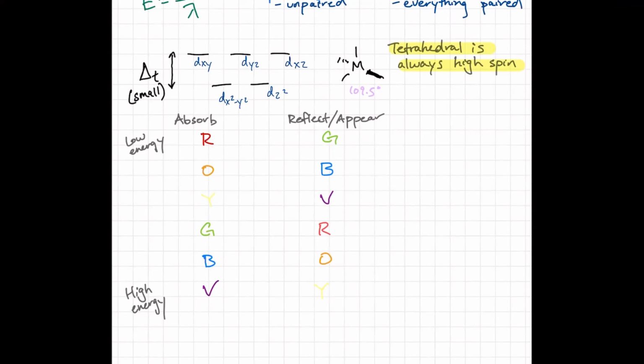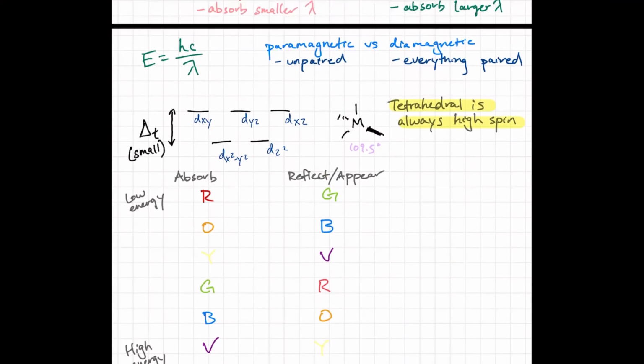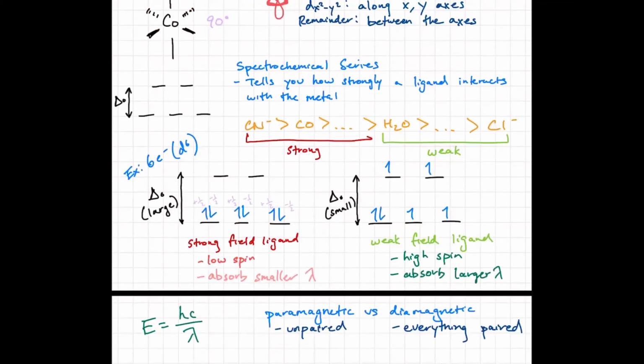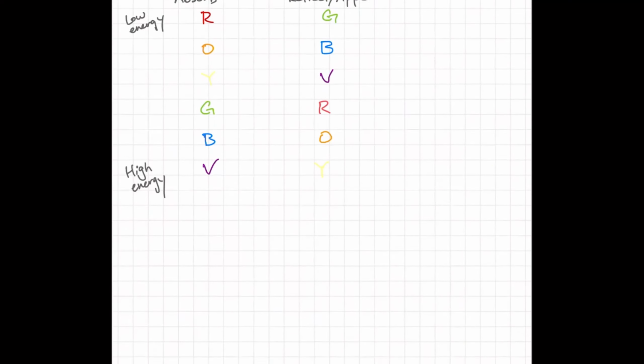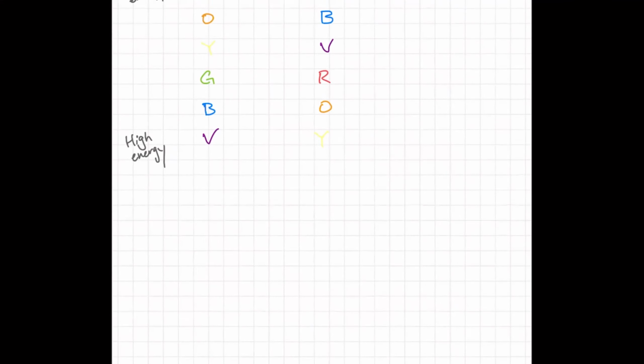And there's one situation I didn't really cover and I should have. You might have a complex where you have both strong and weak field ligands. If you have both strong and weak field, you might be like, well, what do I do? I'm kind of stuck in the middle.